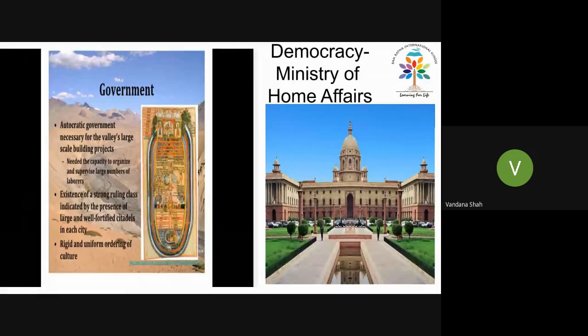Whether it is bricks, sanitation or the drainage system, everywhere you will find proportionate and equal lengths and measurements. It shows how much they really believed in equality. There was no bias in their civilization. So we can compare it with today's democracy: in the citadel, the people thought for the people in the lower town. Likewise, the people sitting in the ministry are thinking and working for us. This is how a civilization works with organization. Next, ma'am.